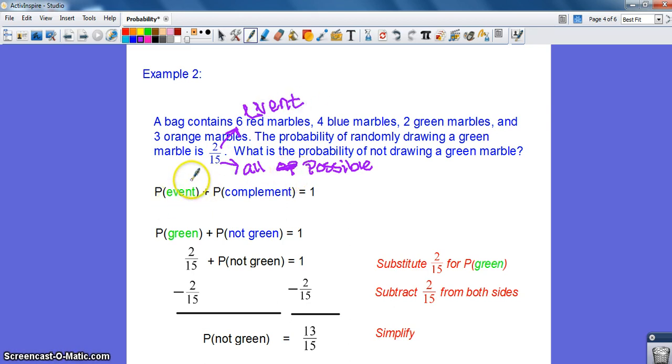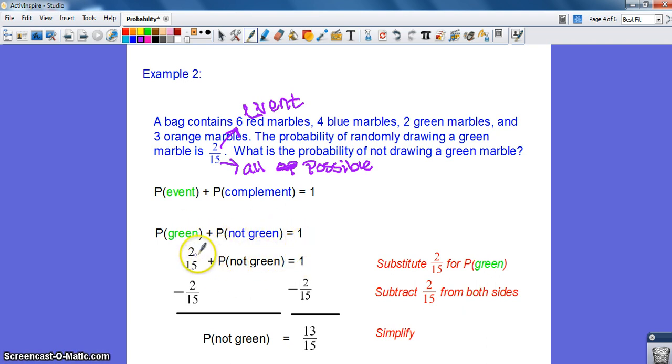So we look down here at our formula that we saw earlier: the probability of our event plus the probability of our complement equals 1. Once again, we're looking at what's the probability of not drawing a green marble. So that would be our complement. We know what our probability of getting a green is, and we know that it has to add up to 1, so we can set up our equation like so.